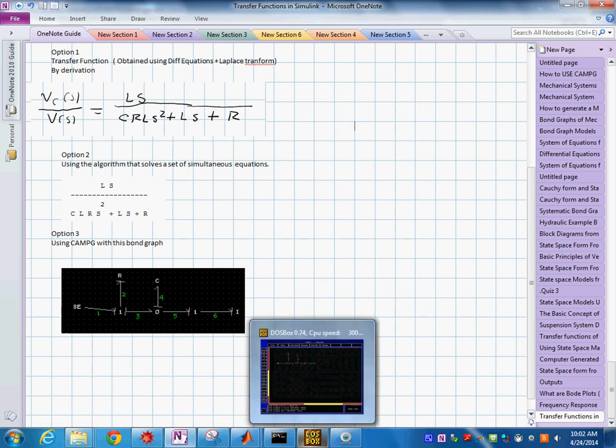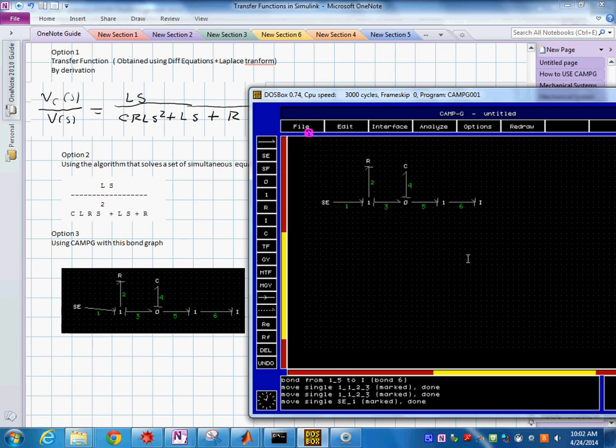So I have entered this bond graph into the CAMG software, and I am going to generate the transfer functions for this by going, in this case, to MATLAB first.